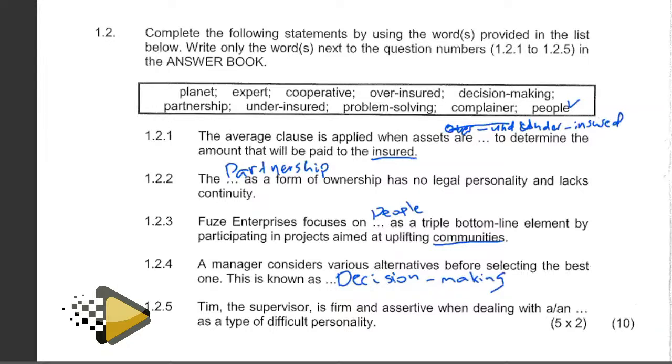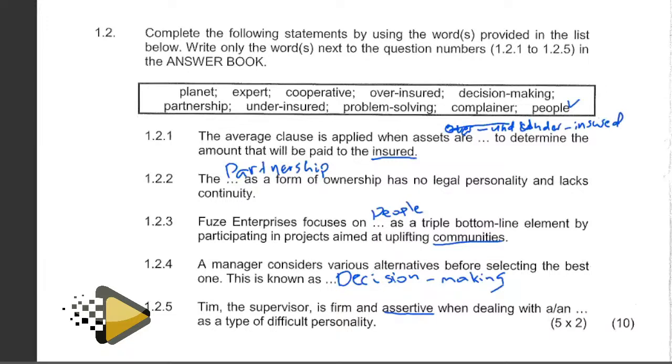Okay, right, grade 12. So now Tim, the supervisor, is firm and assertive when dealing with a dash as a type of difficult personality. So to deal with this, in order for you to be assertive, you can only be assertive when you open up, or also when you try to keep a low profile.